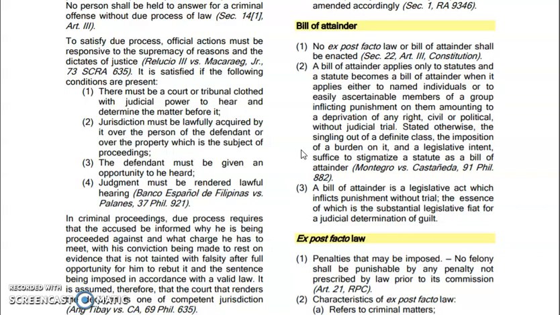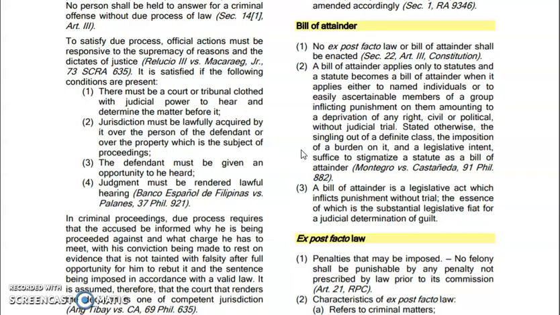The defendant must be given an opportunity to be heard. No? Kailangan marinig natin yung salaysay ng inaakusahan. Hindi pwedeng mag-accuse tayo and wala ng trial because that would be a bill of attainder. No? Mamaya, dadaanan natin. Judgment must be rendered upon lawful hearing.